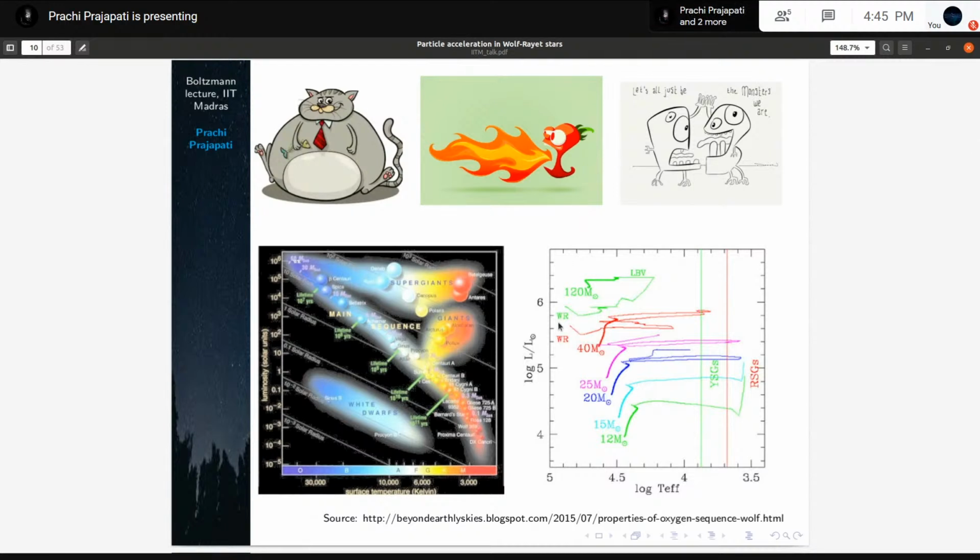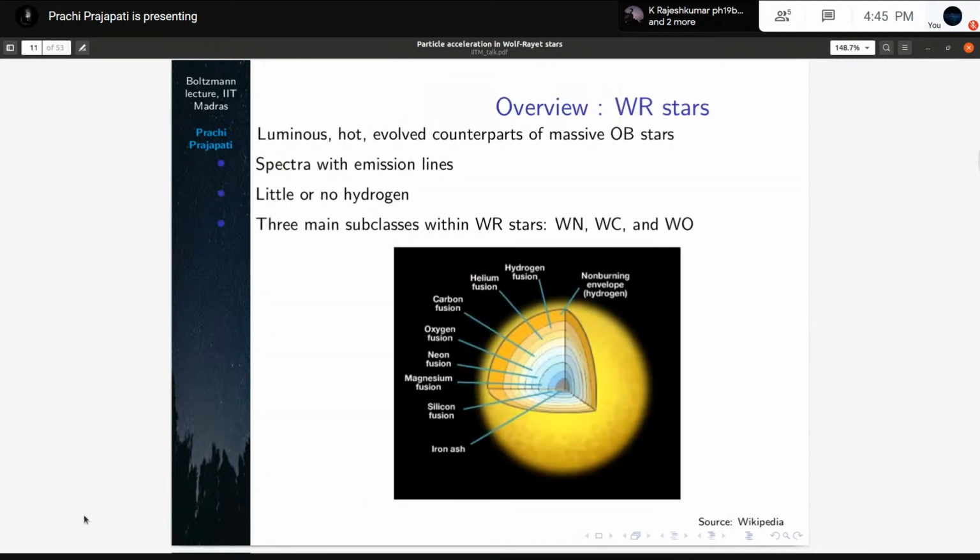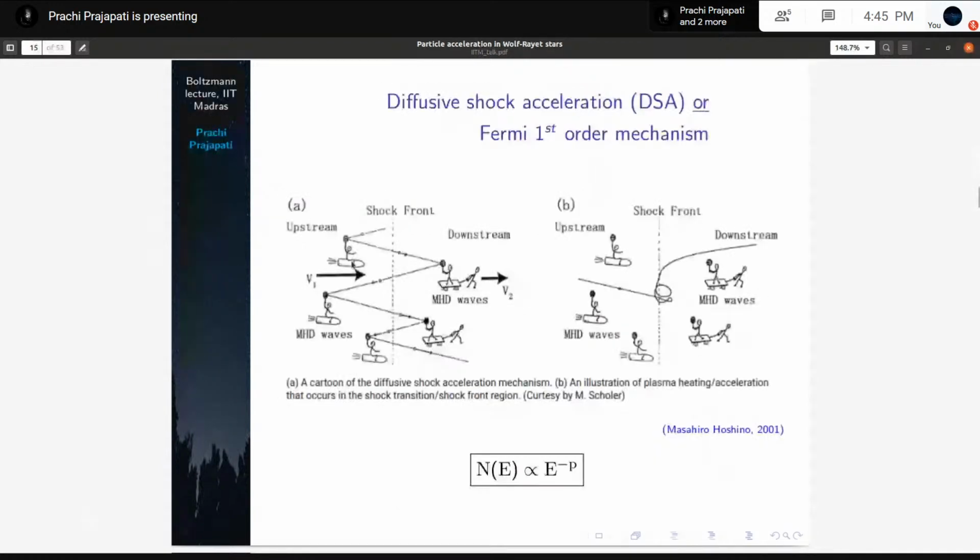The magnetic field is not moving. What I wanted to convey is that the magnetic field is always present in the medium. But the shock front itself is moving: in the case of a supernova explosion, the material is pushed outwards, which creates a moving shock front.